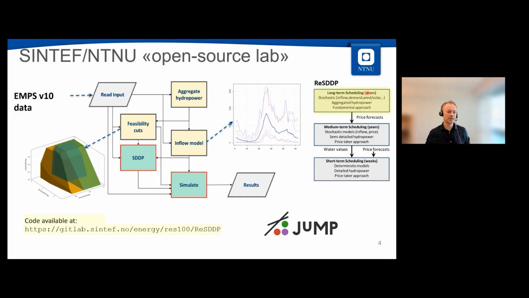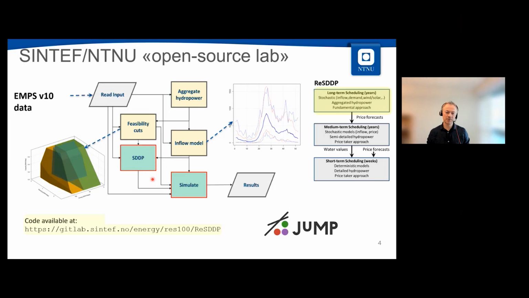We read data from EMPS or samkjøringsmodell and formulate the scheduling problem as an optimization problem, solving it by SDDP, stochastic dual dynamic programming. And we're also able to simulate the system here.